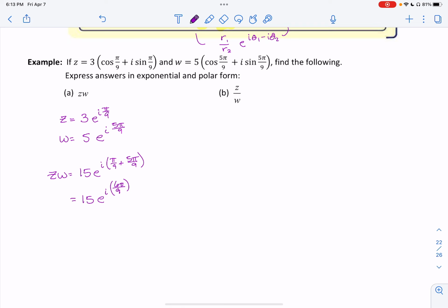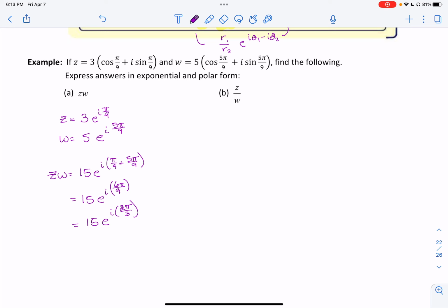This is the hardest part, which is going to be equal to 15 e^(i 2 pi over 3). When I reduce that fraction, be sure to reduce those fractions. I like that 2 pi over 3 way better than 6 pi over 9.